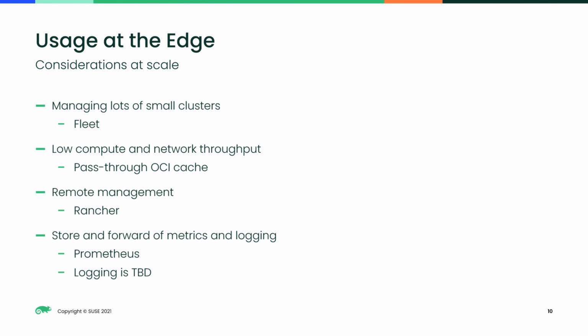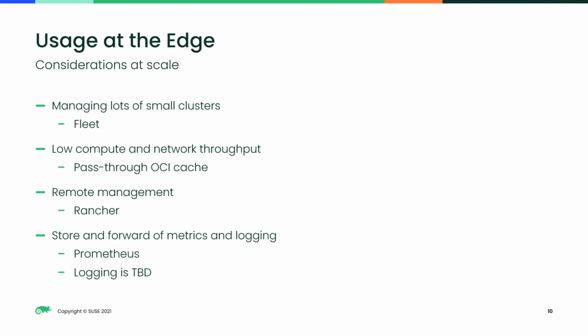And then lastly, the one that is a little bit new to us is storing and forwarding of metrics and logging. Metrics and logging can take up a lot of your network bandwidth. So you want to figure out a way that you can cache it locally until it's actually needed farther upstream.